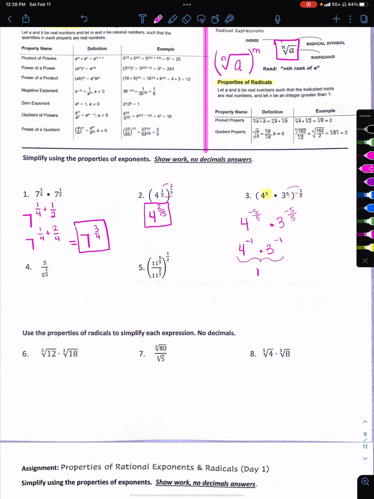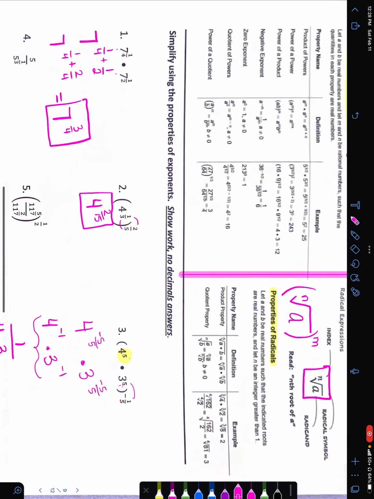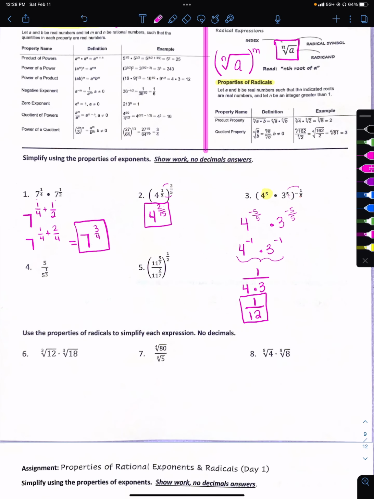So I'm going to have 1 over 4 to the first power times 3 to the first power. I can simplify the denominator, so that will give me 1 over 12. Alright, so then I finished up with those ones.